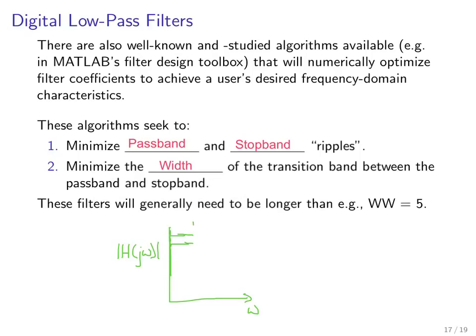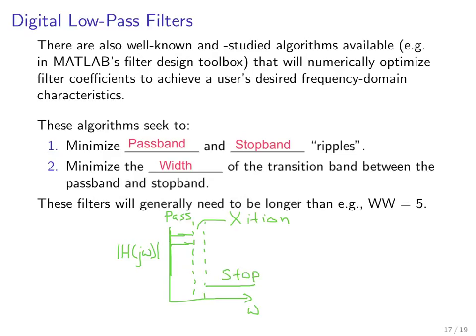Then we have some region that corresponds to a transition band, and then we have some region that corresponds to a stop band. So this is the passband, this is the transition region, and this is the stop band.